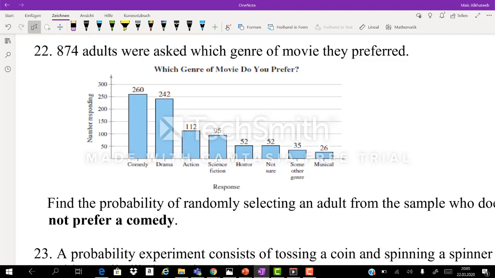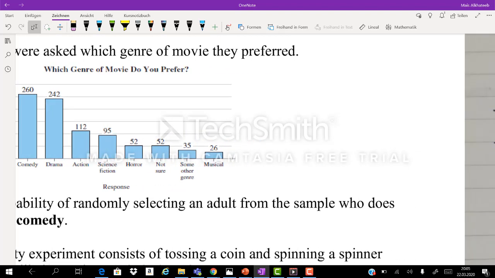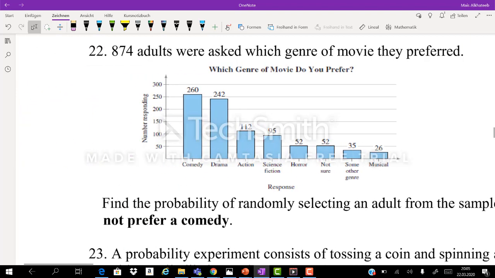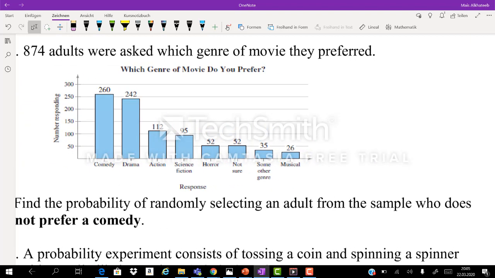Find the probability that a randomly selected adult from the sample does not prefer comedy.